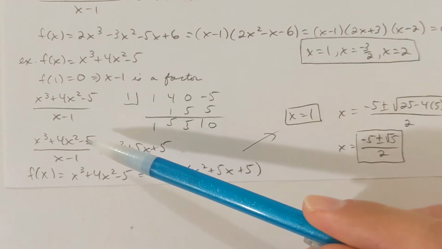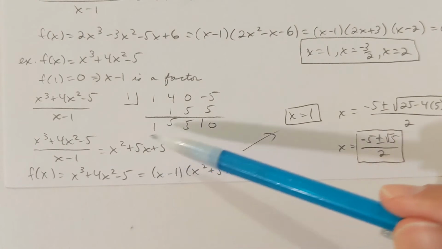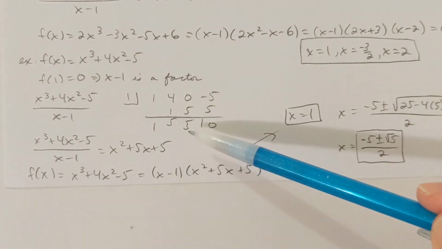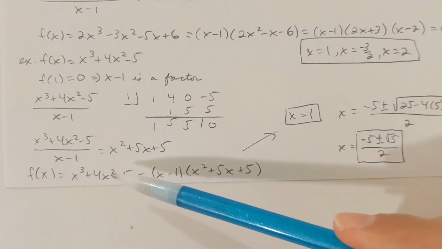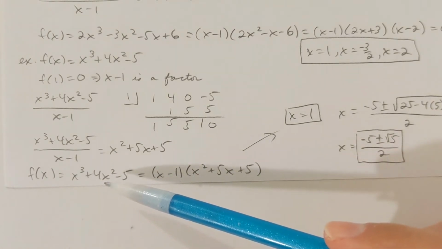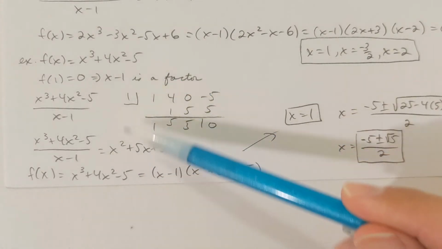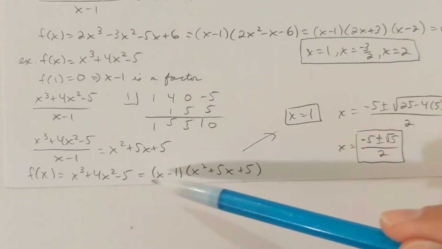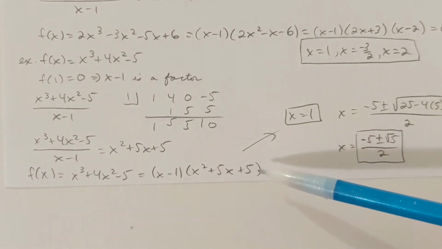So when I divide these two, I get x squared plus 5x plus 5 with a remainder of 0. Okay, f of x equals x cubed plus 4x squared minus 5, that's what I've got there, equals x minus 1 times x squared plus 5x plus 5.